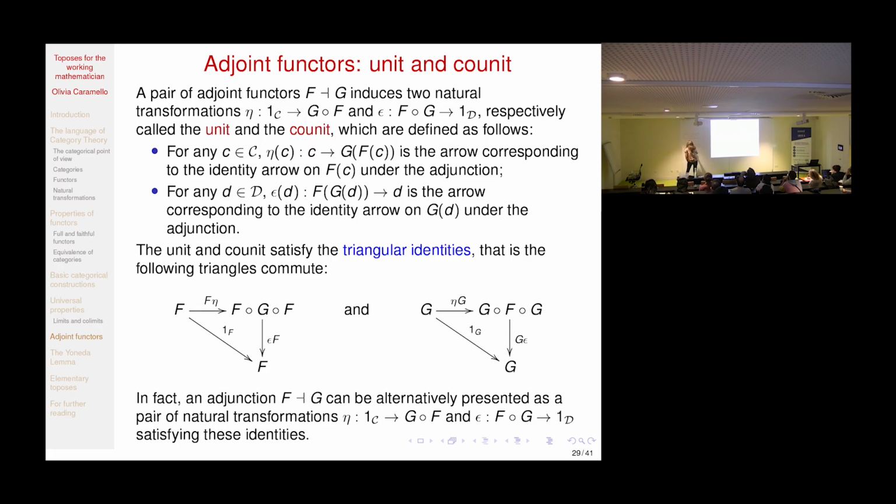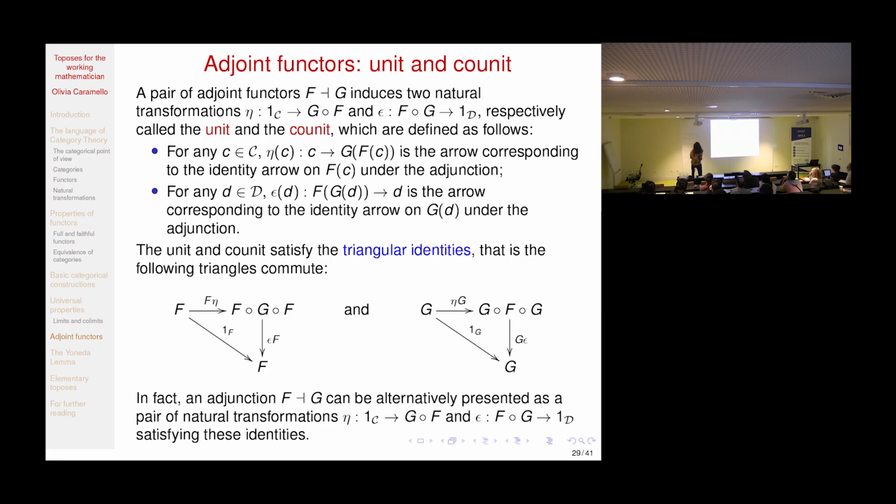So you see, if I take here C equals G of D, the identity on G of D is sent there to an arrow going from F of G of D to D. And this arrow I call epsilon of D. And similarly to the case of the unit, one can show that these arrows, epsilon of D, for D varying among the objects of D, define the components of a natural transformation from F composed with G to the identity on D. And what is interesting about this construction of these two natural transformations is that, in fact, they allow us to reconstruct the full adjunction by means of the naturality conditions.